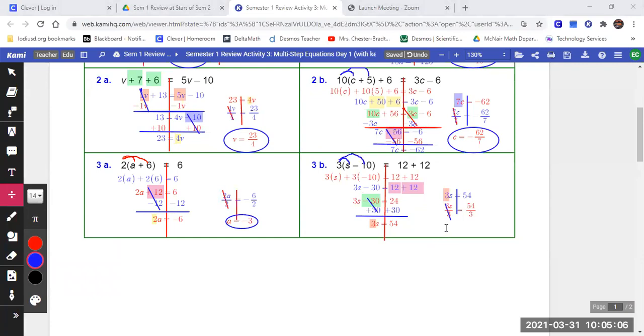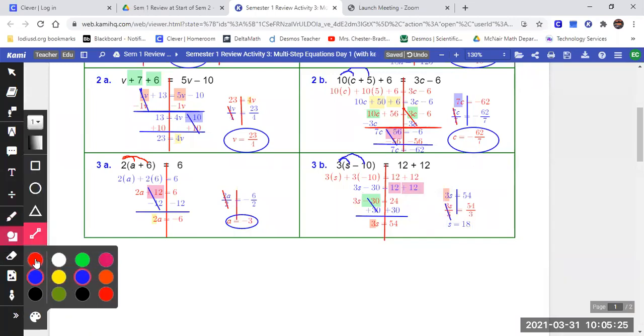All that's left on the left-hand side is what now? The S. And the S has to equal, do the math for the right-hand side. It's okay to use a calculator. 18.